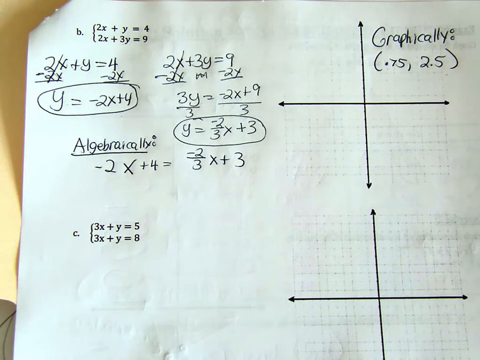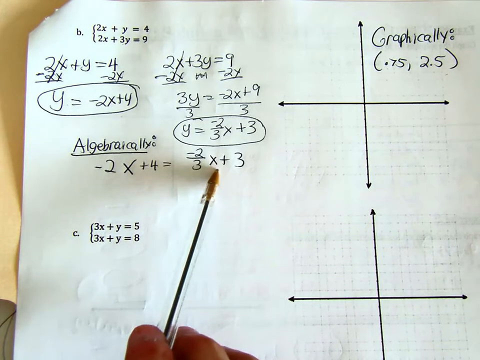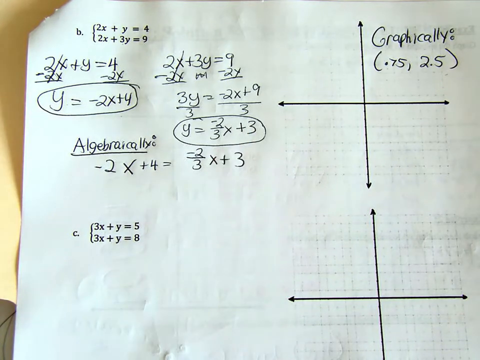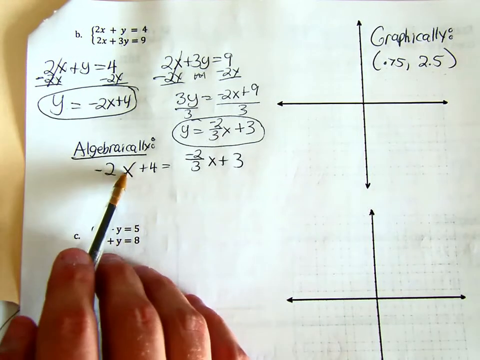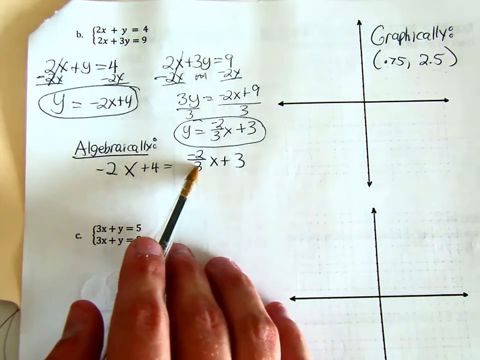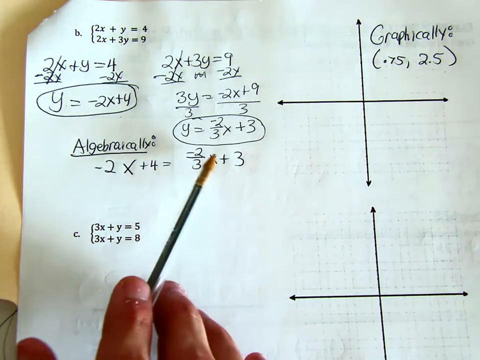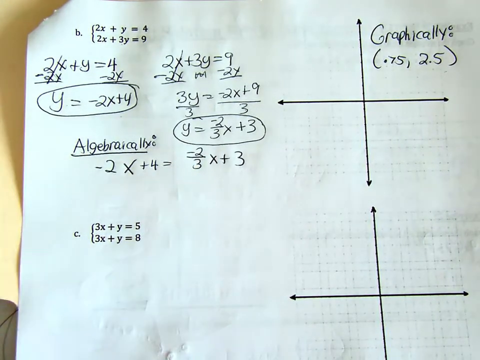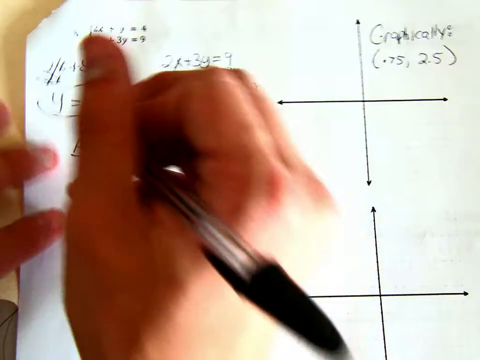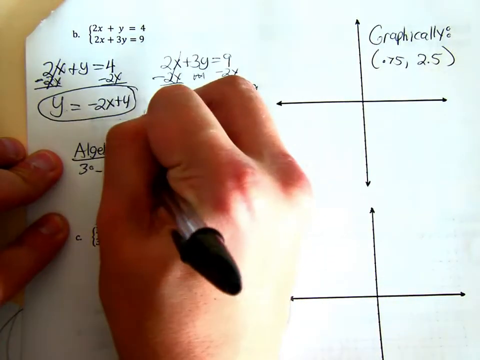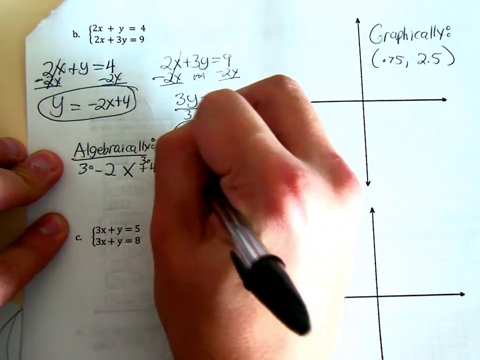But I notice that there's a fraction, negative 2 over 3x. If I wanted to get rid of these fractions, what I would want to do is multiply each term. So each one of these terms, negative 2x, 4, negative 2 over 3x, and 3, I'm going to multiply them by a common denominator. What's the common denominator with 3 and everything else? Would just be 3. So I'm going to take each piece, and each term, and I'm going to multiply it by 3.